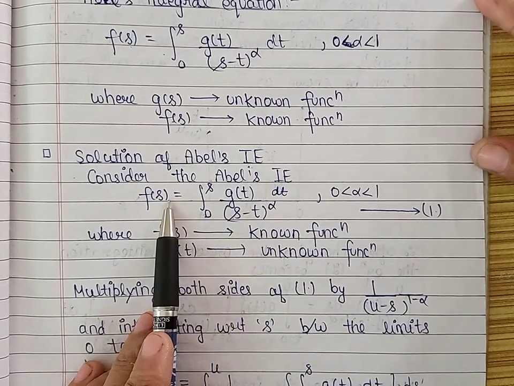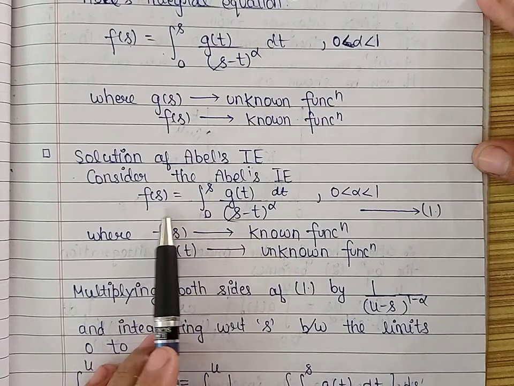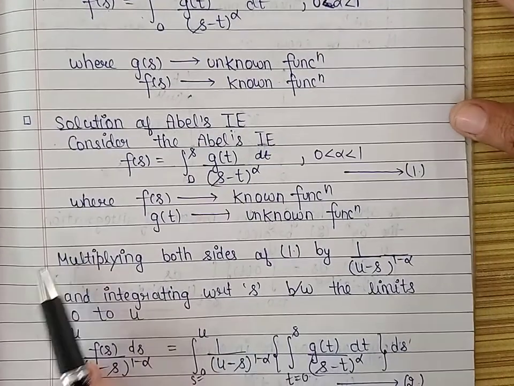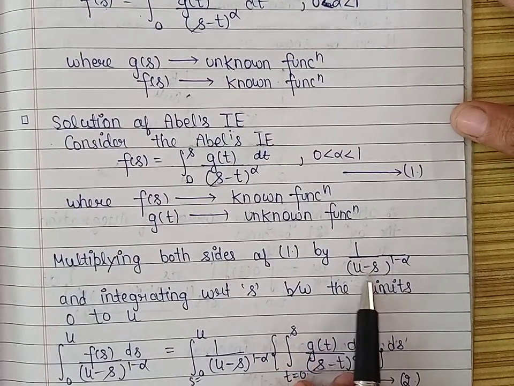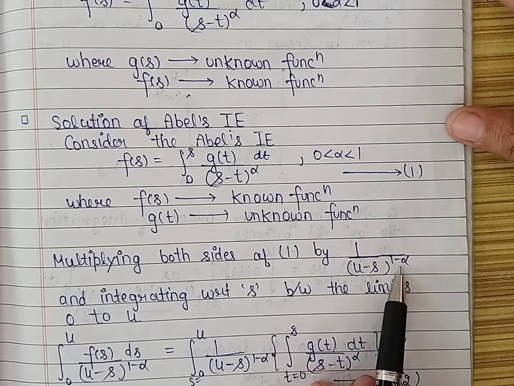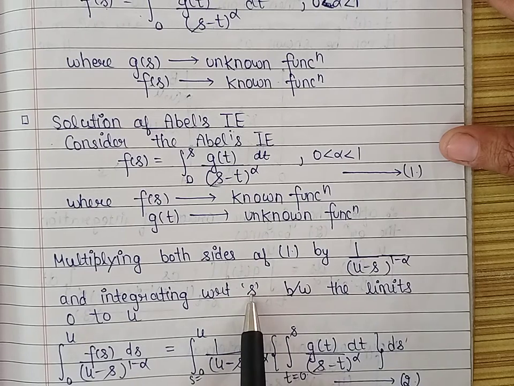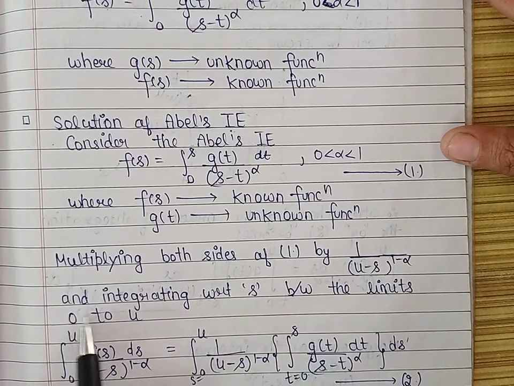To solve this equation, let us multiply both sides of this equation by 1 upon (u minus s) raised to the power 1 minus alpha, and we integrate with respect to s between the limits 0 to u.